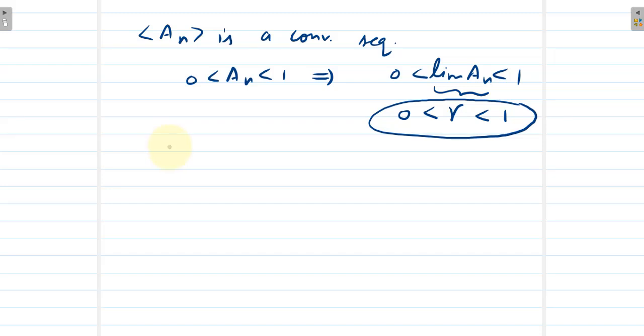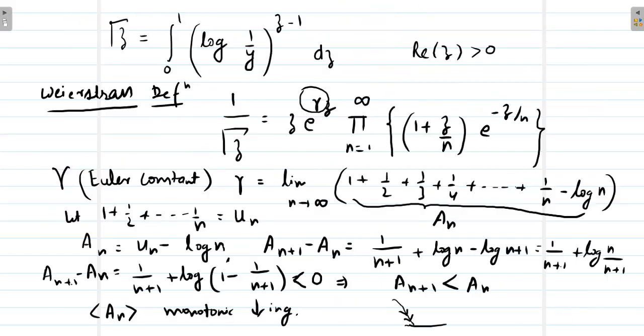Here it is a known fact that the value of this Euler constant gamma is approximately 0.5777215 and so on. Now let us go back to the Weierstrass definition of the gamma function.